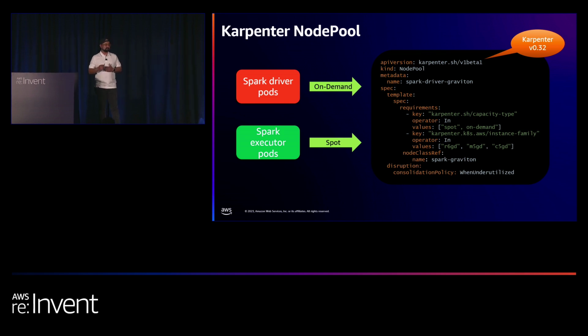Within the pod templates, you can define that you want to run the driver on an on-demand instance and executors on Spot instances, using Karpenter-managed labels. So with Karpenter, we'll spin up those nodes for you. Once the job is finished, Karpenter will scale down those nodes for you automatically. As for speed, compared to Cluster Autoscaler, Karpenter at the moment can spin up a node in under a minute, whereas Cluster Autoscaler can take 2 to 3 minutes.